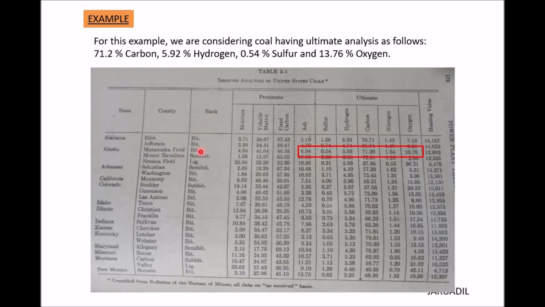The rank is bituminous. So yan, yung may pula. Okay, so carbon is 71.2. Hydrogen is 5.92. Sulfur is 0.54. Oxygen is 13.76.